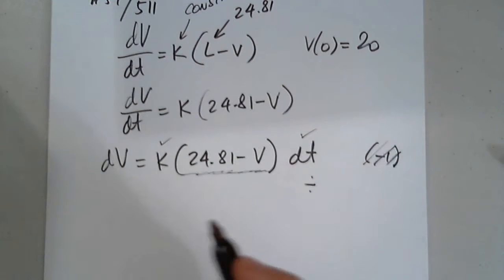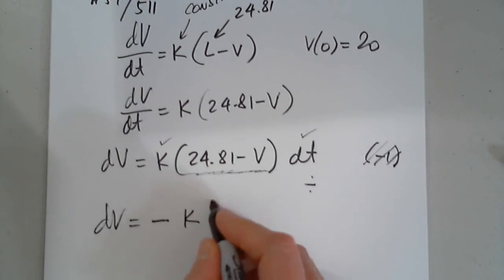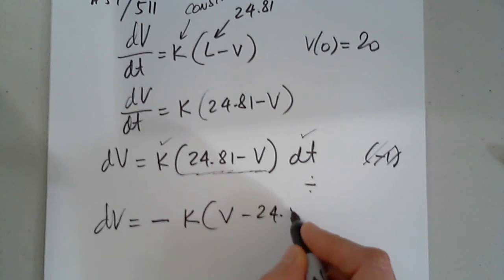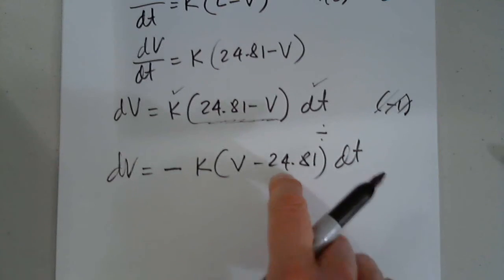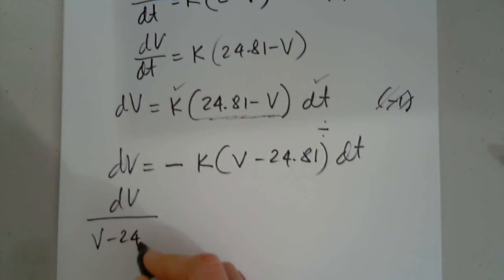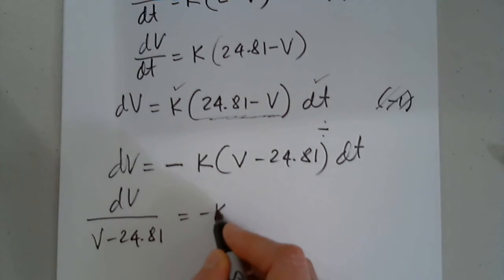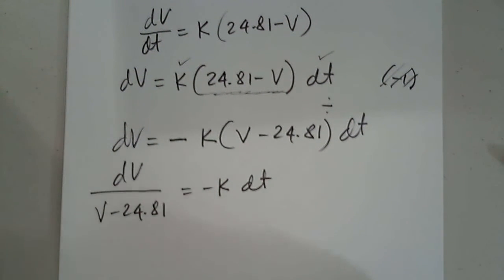Better, factor out. So dv equals negative k times (v minus 24.81) dt. And now I'll divide by it. dv over v minus 24.81 equals negative k dt. And now I'm ready to integrate.